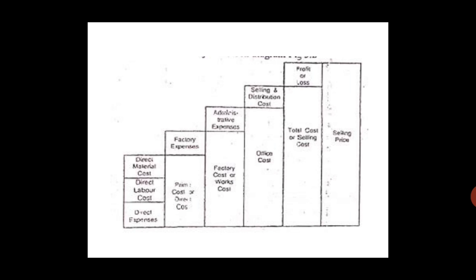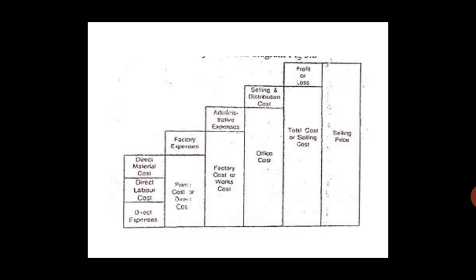And office cost, when you add the selling and distribution cost, it becomes total cost, or selling cost. But there you have to add some profit, or sometimes loss also, then it becomes the selling price. This is how the selling price is decided.